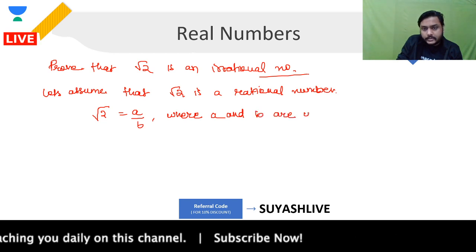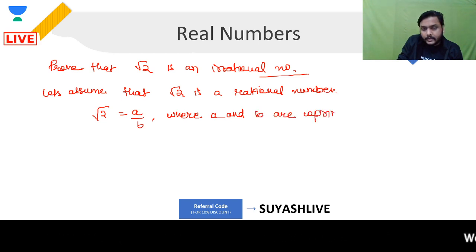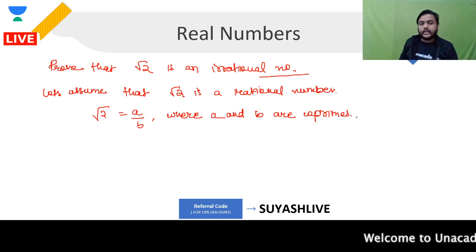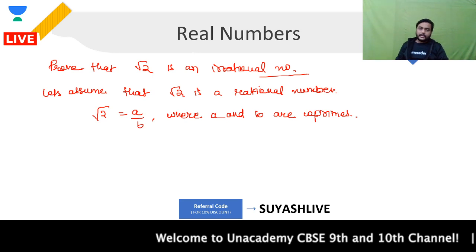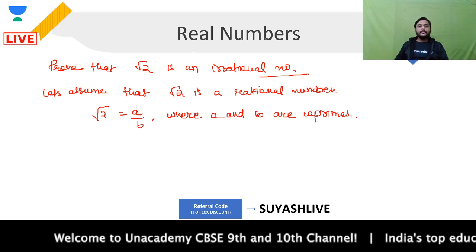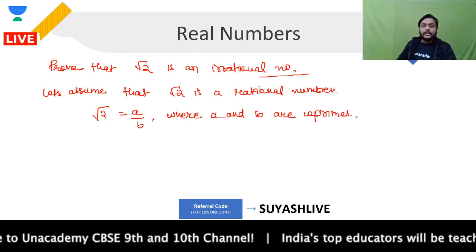I hope ये कहानी सबको क्लियर है अभी तक तो, ठीक है भाई? So what I am saying is that root 2 is a rational number, and that is why it can be written in the form of a upon b, where a and b are co-primes.